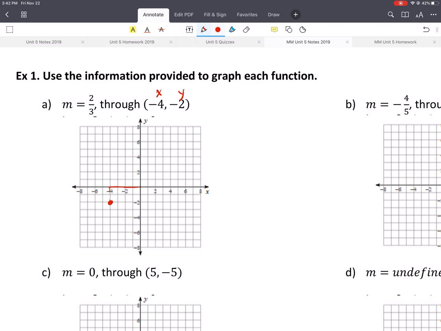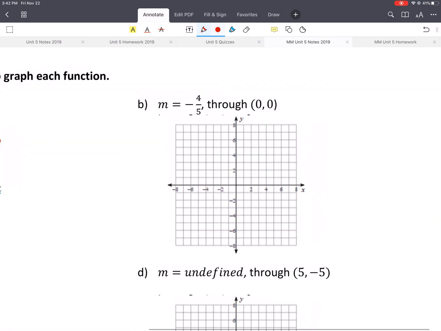That would be our point, and then we use the slope, where the slope is 2 over 3, so rise 2 over 3, rise 2 over 3, rise 2 over 3. These would be our points that we want to connect. Then please take it all the way to the end of the graph. Arrows are appreciated because this line continues to go forever. That's pretty much half of what we're covering.